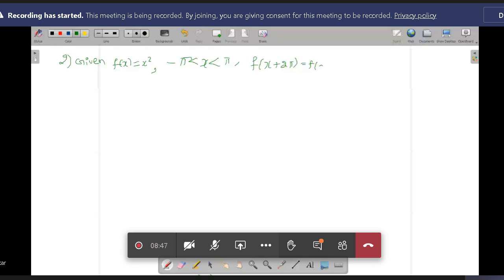So this is a periodic function with period 2 pi.